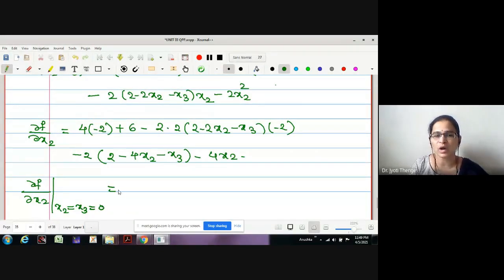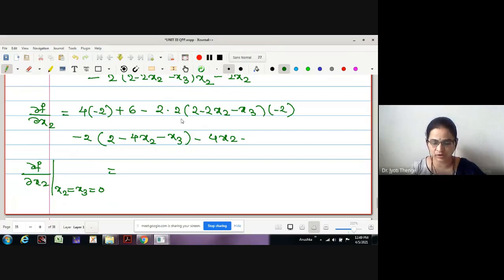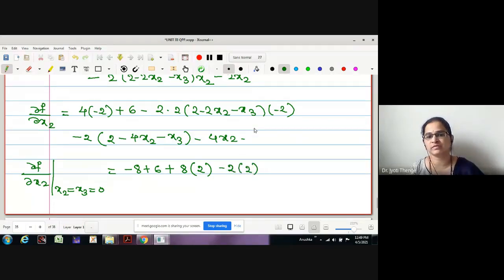Right now, the value of x2 and x3 is 0, as they are non-basic variables. Check the value and tell me the answer. First is minus 8 plus 6. How much is this? Minus minus becomes plus. 2 times 4, 4 is 8, into, if I put this 0, it is 2. Minus 2 into 2, this one will be 0. How much is the value?